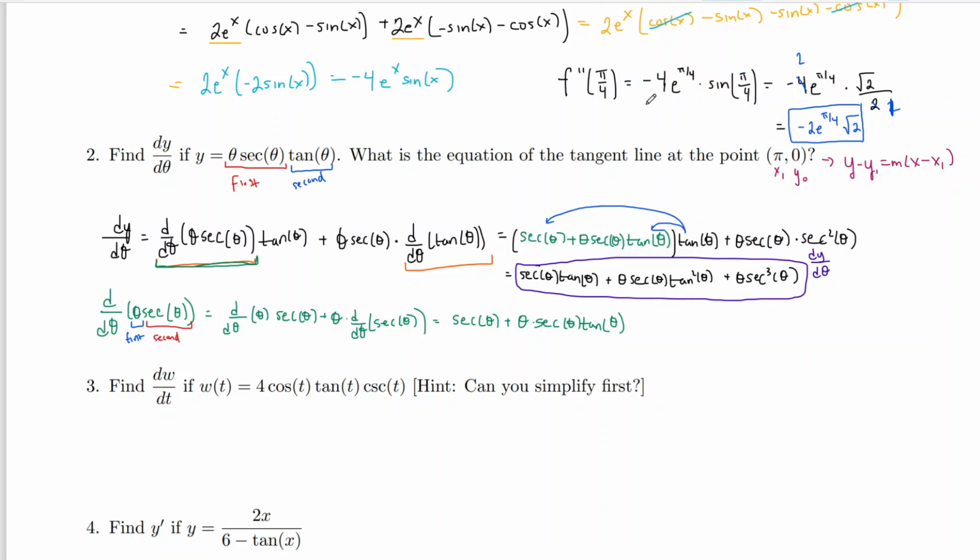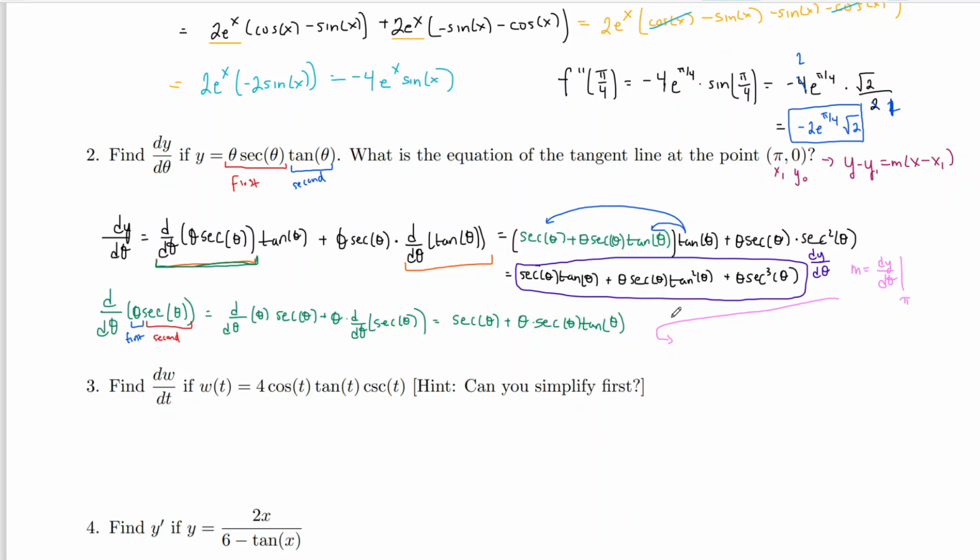And one thing you may be hopefully remembering is when you have secant and tangent, they have vertical asymptotes, which means they're not defined at certain numbers. So you do have to make sure that you can actually do the derivative here. But let's just see what we get for m. m is going to be dy over d theta, plugging in pi for theta. And let me go ahead and just give myself plenty of room to work this out.